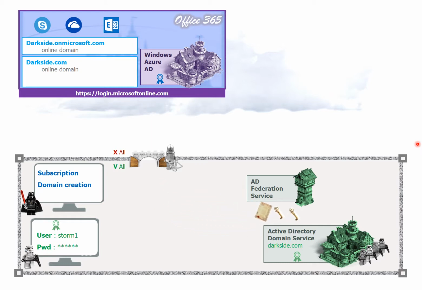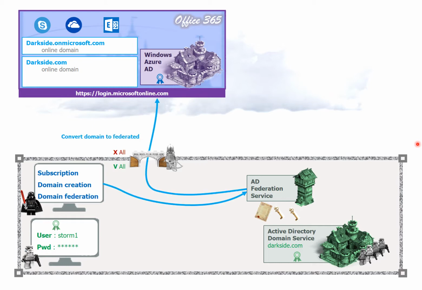My admin will now log on to the ADFS, and with a few PowerShell commands he will transform the online domain darkside.com into a federated domain. This has two main effects. First one, certificate public keys are transmitted to the cloud so that they can be used by Azure AD to analyze my SAML tokens.